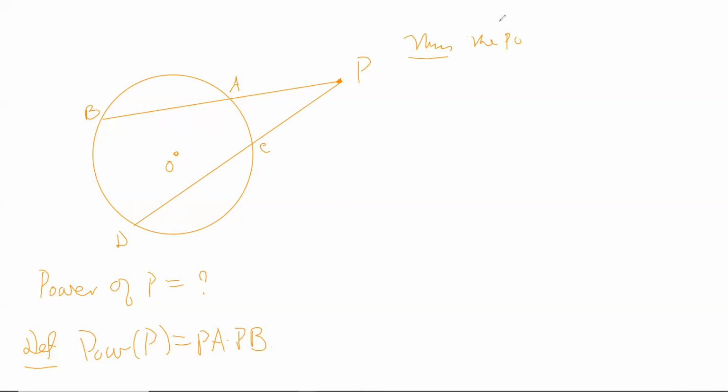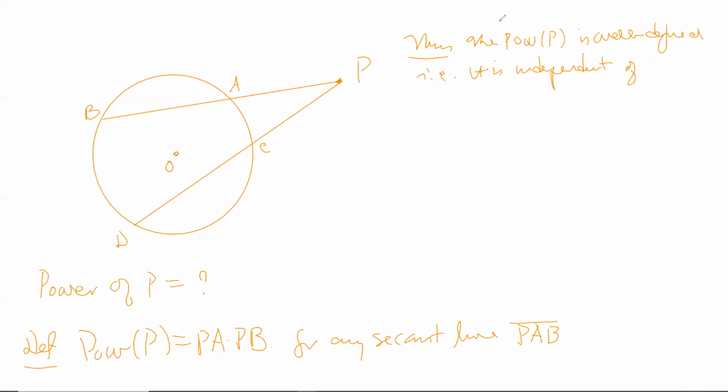This is for any secant line PAB. The power of P is well defined, i.e. it is independent of the choice of the secant line.